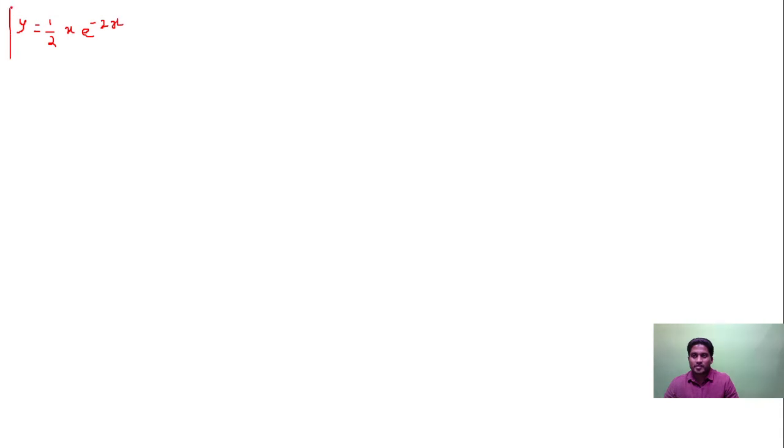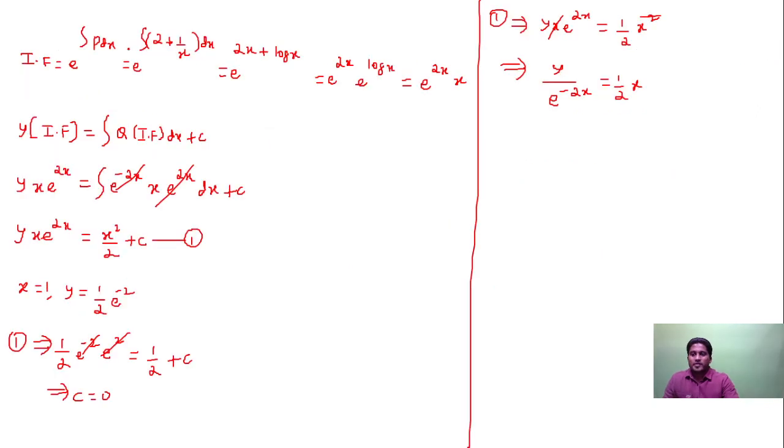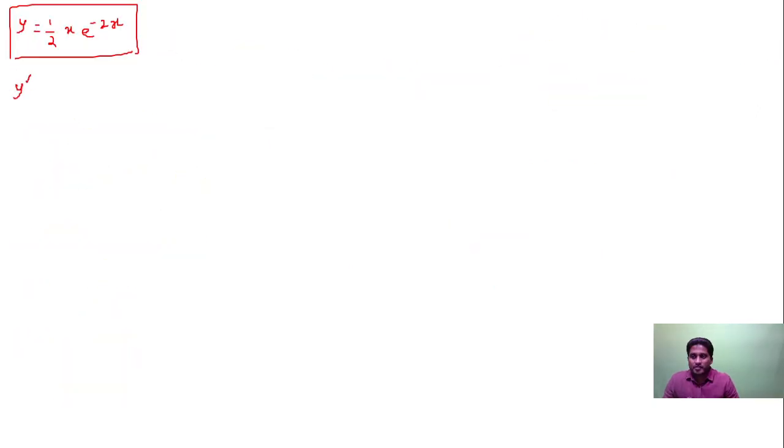Now let us differentiate. Now I should check which of the following options are true. If I differentiate, y dash of x is equal to half, I'll keep as it is. First function is x, differentiation of e to the power of minus 2x is minus 2 e to the power of minus 2x. The second is e to the power of minus 2x, differentiation of x is 1.